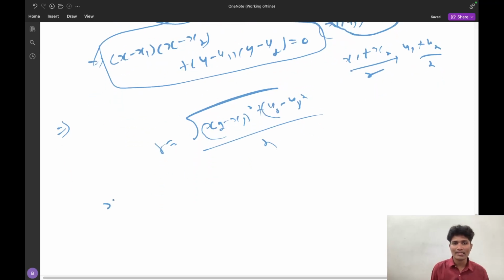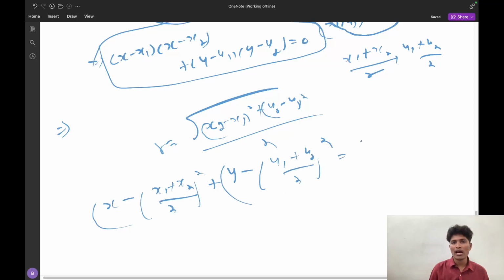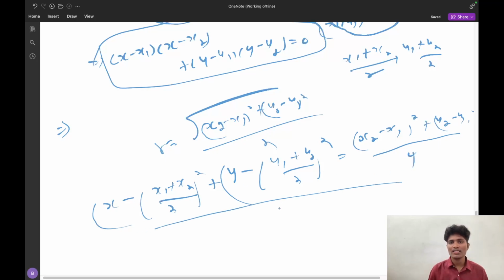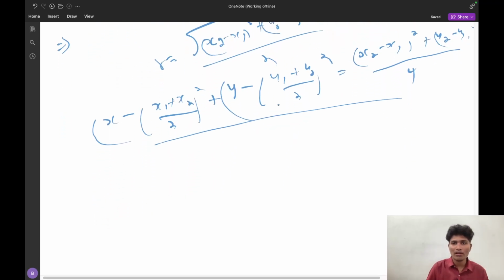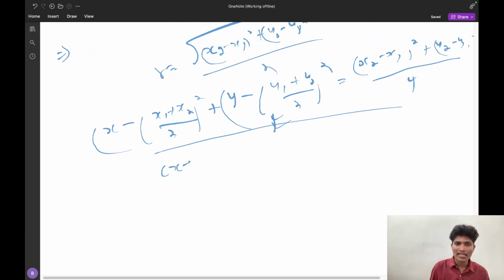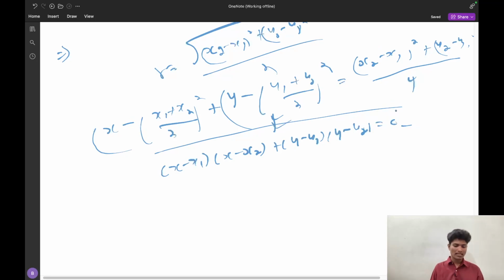If I substitute the center and radius, that is (x − (x1 + x2)/2)² + (y − (y1 + y2)/2)² = r², where r² is ((x2 − x1)² + (y2 − y1)²)/4. This is the equation of the circle. But if I simplify, I finally get (x − x1)(x − x2) + (y − y1)(y − y2) = 0. So this is the circle equation in diameter form. And now parametric coordinates.